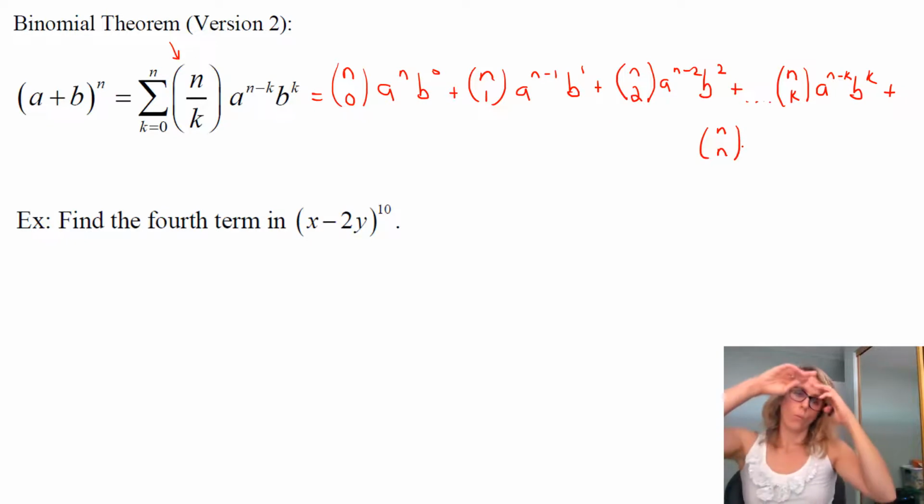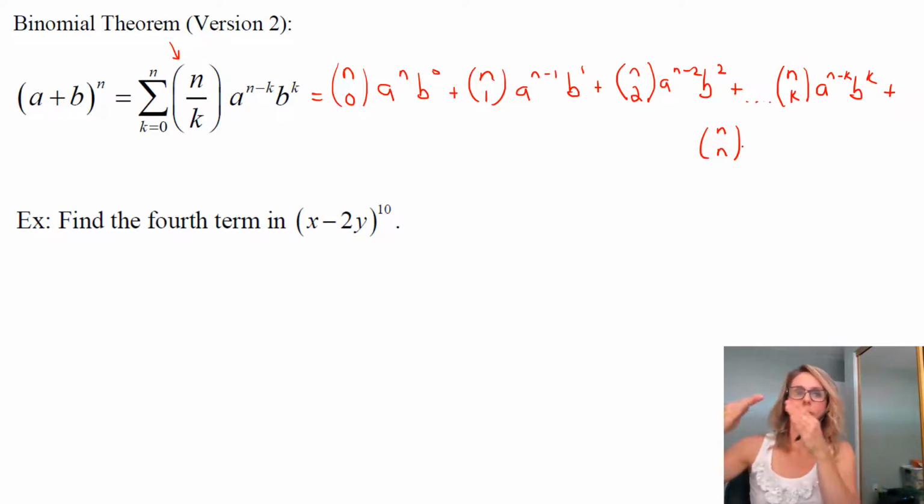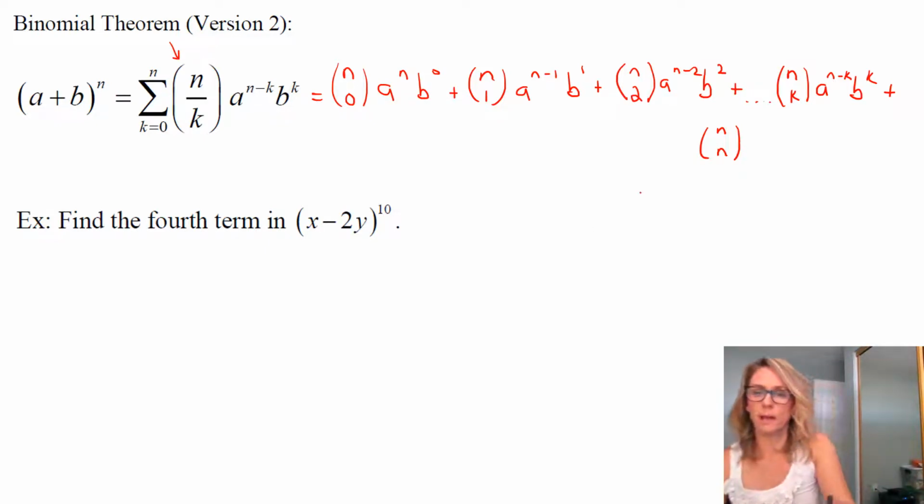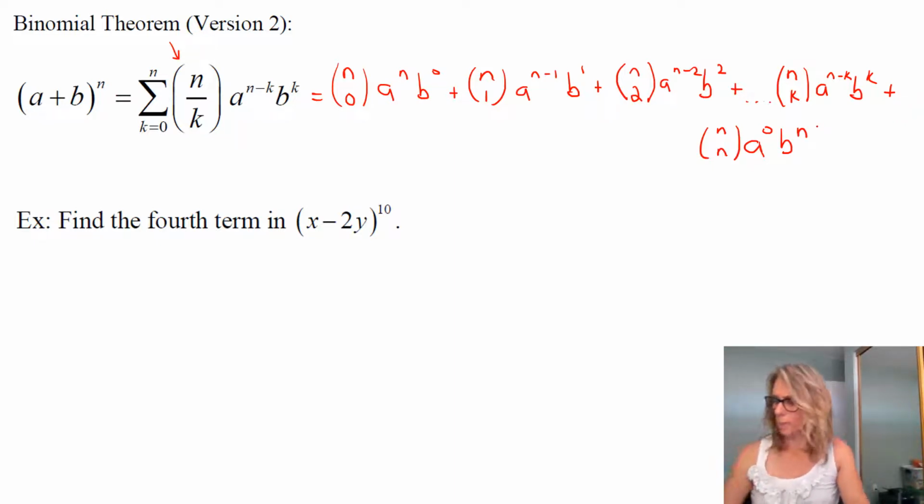So once k is equal to n, then you have n choose n. You'll notice, again, we already did that coefficient. That's going to be 1. Not surprisingly, a is going to be to the 0 because n minus n is 0. And you will have b to the n, the same thing that you had a to in the beginning.